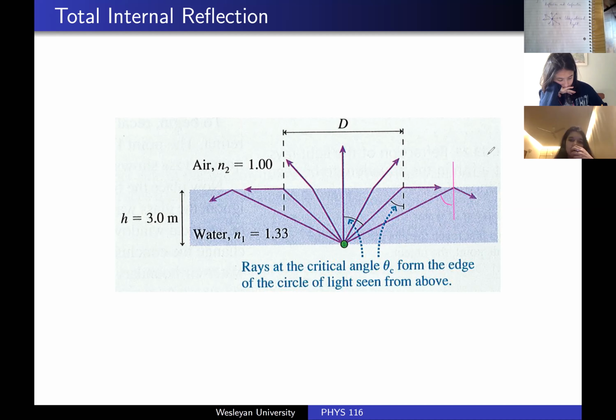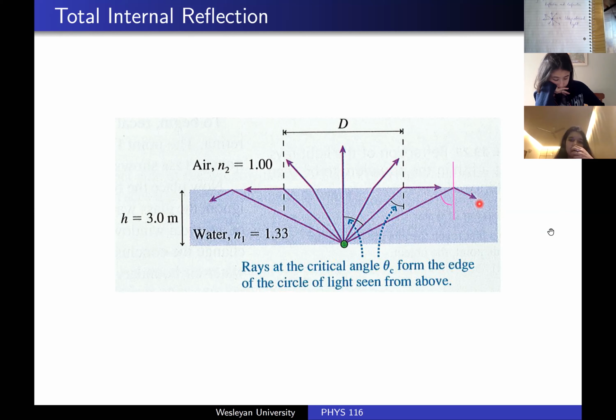It was already right at the boundary at the critical angle. So now it will just completely reflect. And this is called total internal reflection. And this phenomenon occurs in lots of places and is used in lots of places.